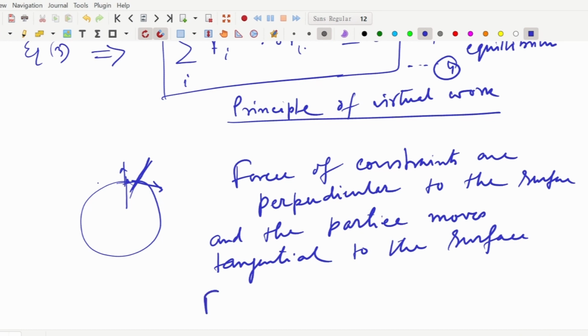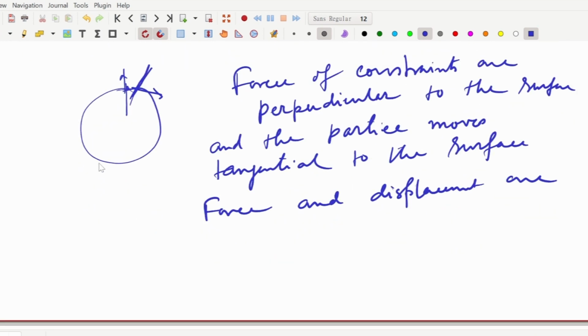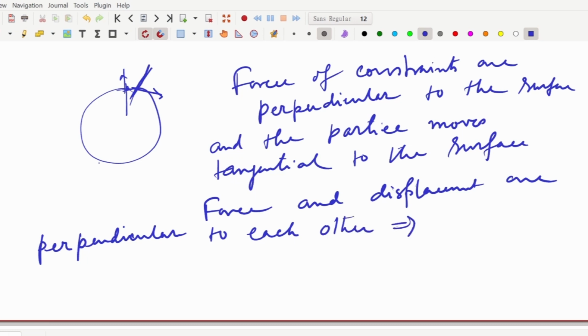So the force and the displacement are perpendicular to each other, which implies the work done is 0.